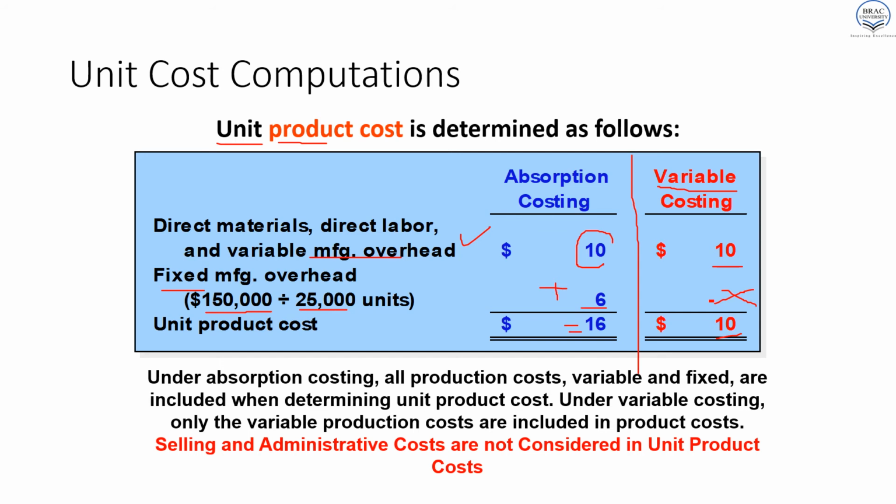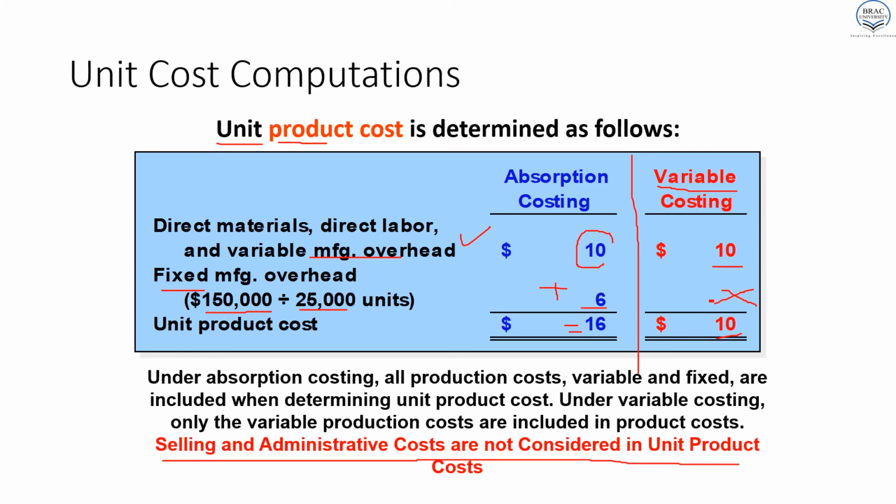So when you do these calculations, an easier way to remember is that under variable costing, I'm not going to put anything from my fixed cost. That's it. But when we calculate absorption costing, we have to include the fixed manufacturing overheads, because that is the total costing method. And remember this most common mistake that everyone makes, which is selling and admin.